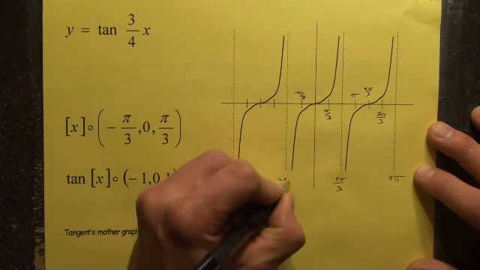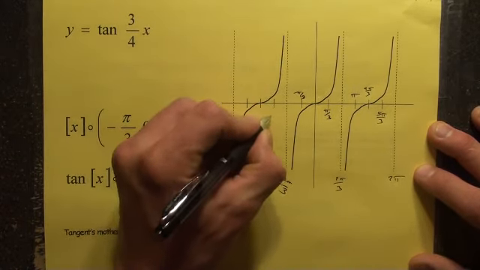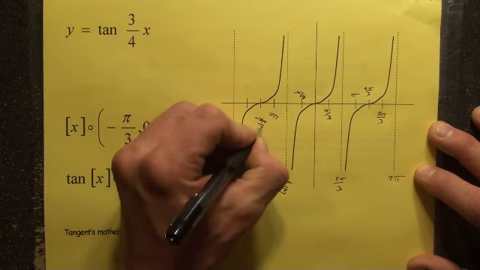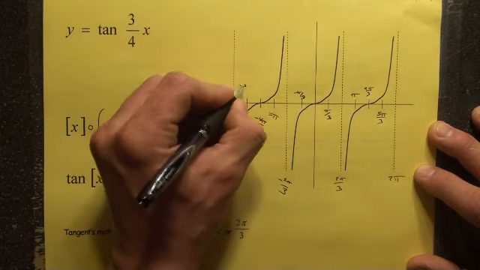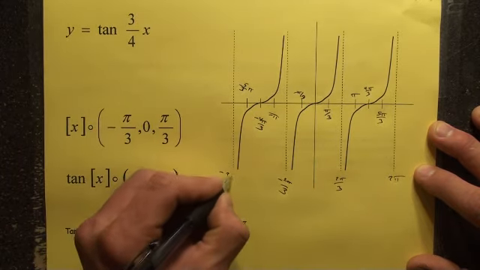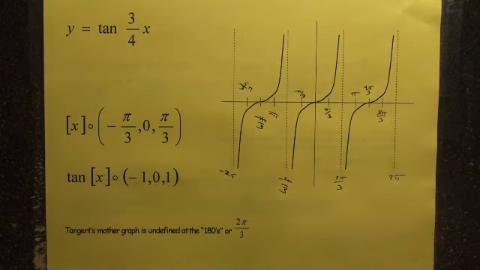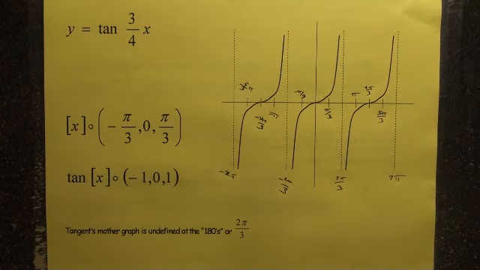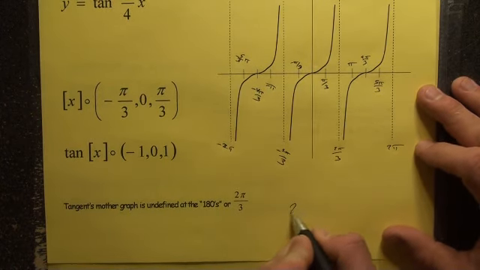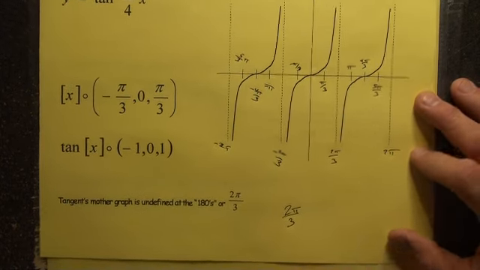So this will give us negative 2 pi over 3, negative 3 pi over 3, which is negative pi, negative 4 pi over 3, negative 5/3 pi, if you want to call it that instead, and of course, negative 2 pi, because it's negative 6 pi over 3. So it looks like we're going to have undefines at some of the multiples of 2 pi over 3.